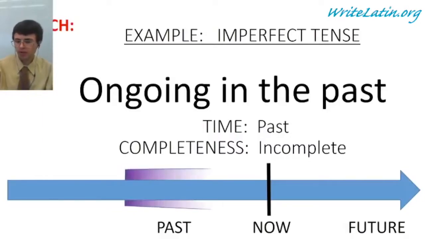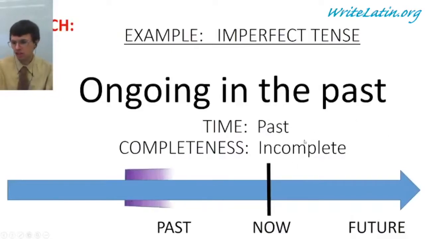All right. So the imperfect tense, you see, is always incomplete, and it is always in the past. Now these 2 things, time and completeness, are the 2 attributes of tense. And what that means is they are the 2 ways in which tenses can vary. You know, some tenses can change this and no longer be past, but be present or future.